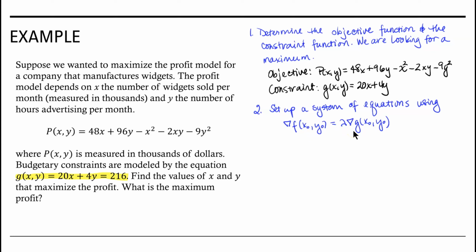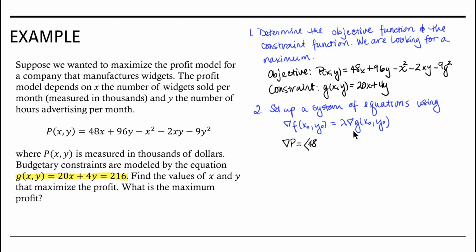So let's go ahead and start by finding first, in our case, the gradient of p. In the gradient of p, the first component is going to be the partial with respect to x. So for my first term, that's going to be a 48. Plus, the partial with respect to x of the second term is 0, so I'm not going to write that.